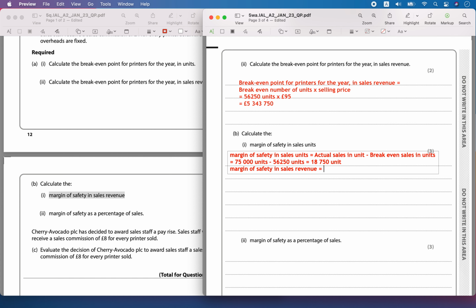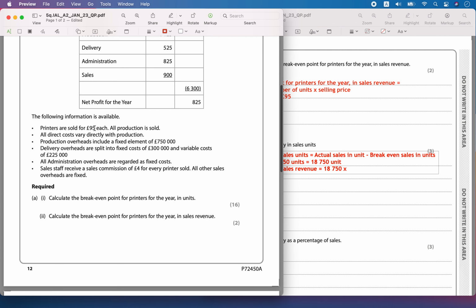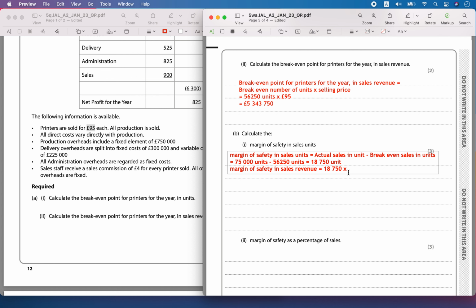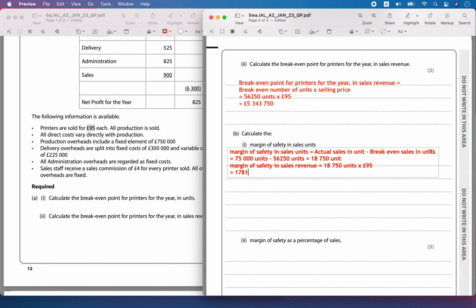That is 18,750 times the selling price of 95 pounds, which is equal to 1,781,250.